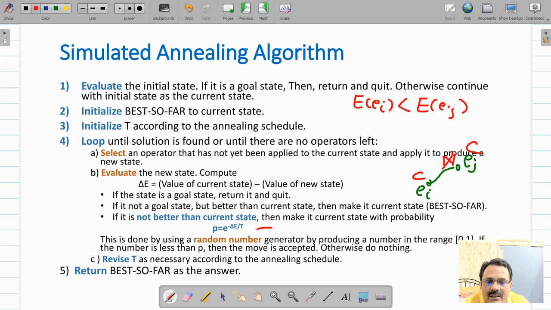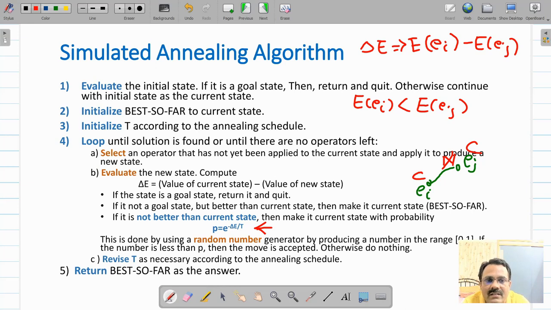We have seen that this probability is equal to e raised to minus delta E, where delta E is your change in energy, that is the energy of state Ei minus the energy of state Ej.